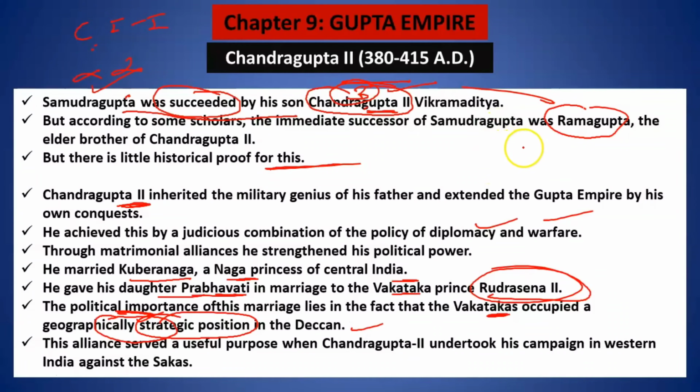In the first chapter I have already told you that when we study history, geography plays a very important role, and he was the king who realized the importance of geography. There were other kings also who realized that, and that is why he married his daughter to the Vakataka prince, because he wanted to secure himself from most of the locations. I hope this point is clear.